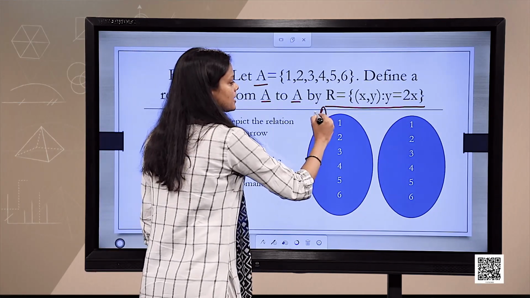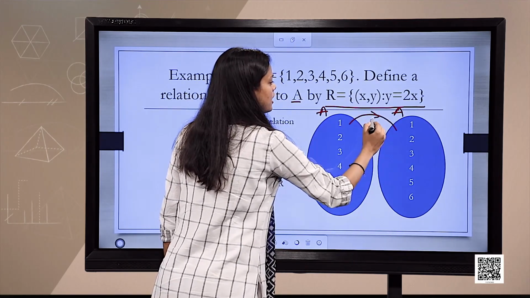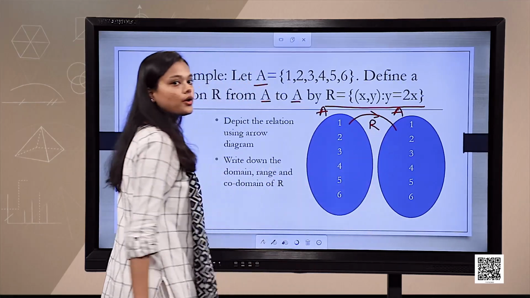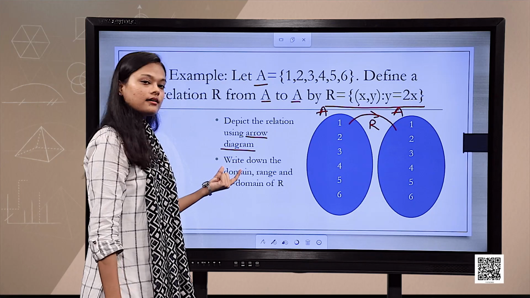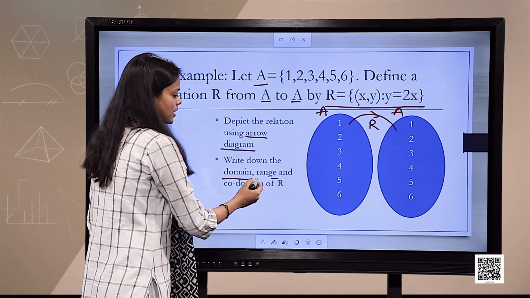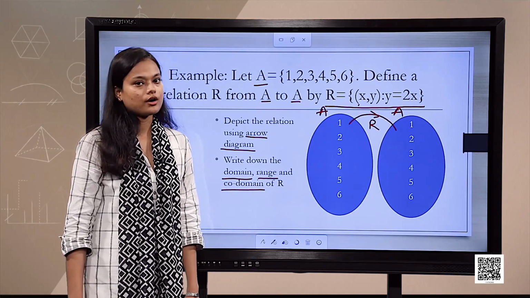So, this is my set A, this is also a set A, and we have to depict a relation R where the relationship is given by this. What we have to find? Arrow diagram. That means we have to represent a relation with the help of an arrow diagram, and the domain, range and codomain of the relation R.